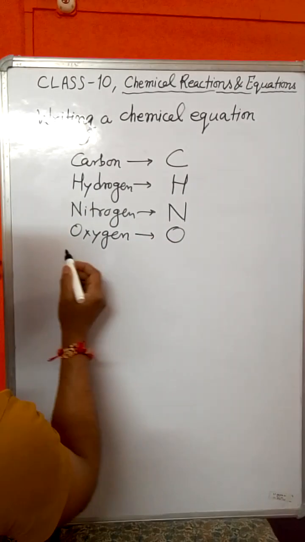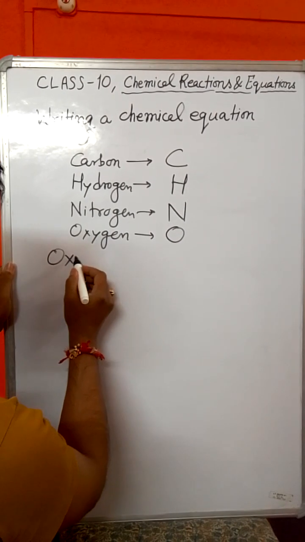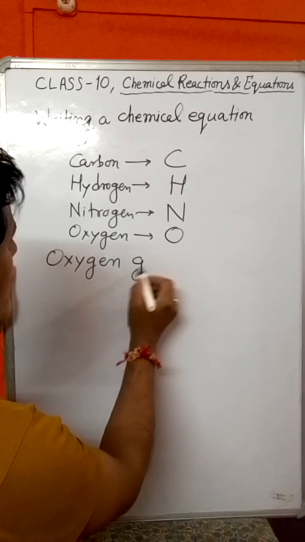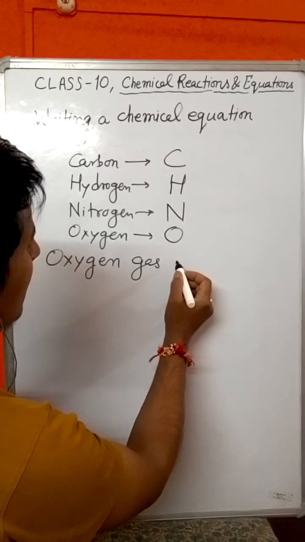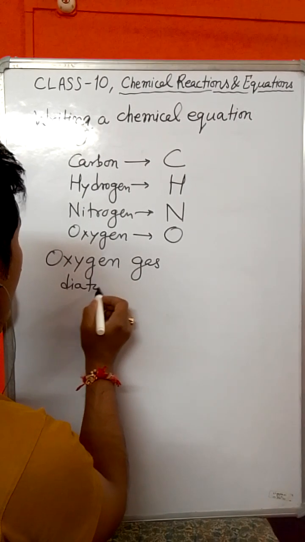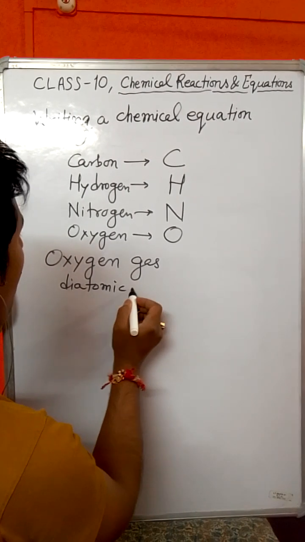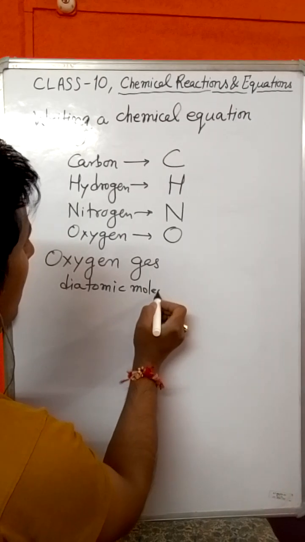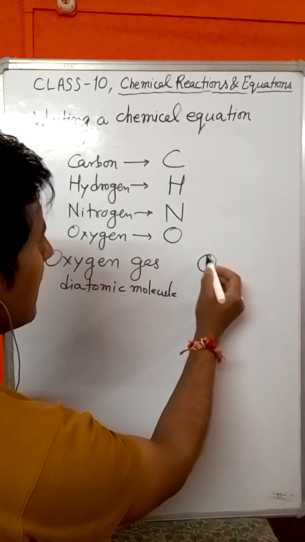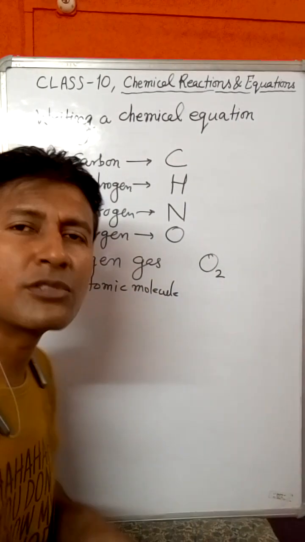Now they have seen that if we have to denote oxygen gas, oxygen gas is a diatomic molecule. Diatomic molecule means in one molecule of oxygen there will be two atoms.